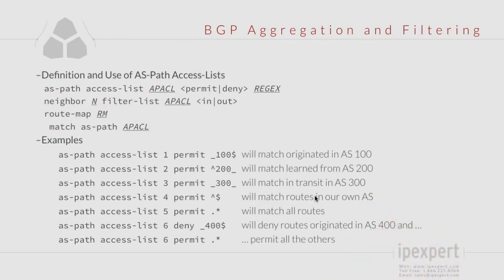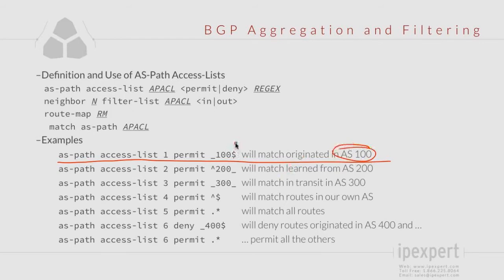I already mentioned a couple of these, but here they are written in the actual syntax used for AS path filtering. In this first example, AS path access list 1 permit underscore 100 dollar sign, which will match any prefixes that originated in AS 100.